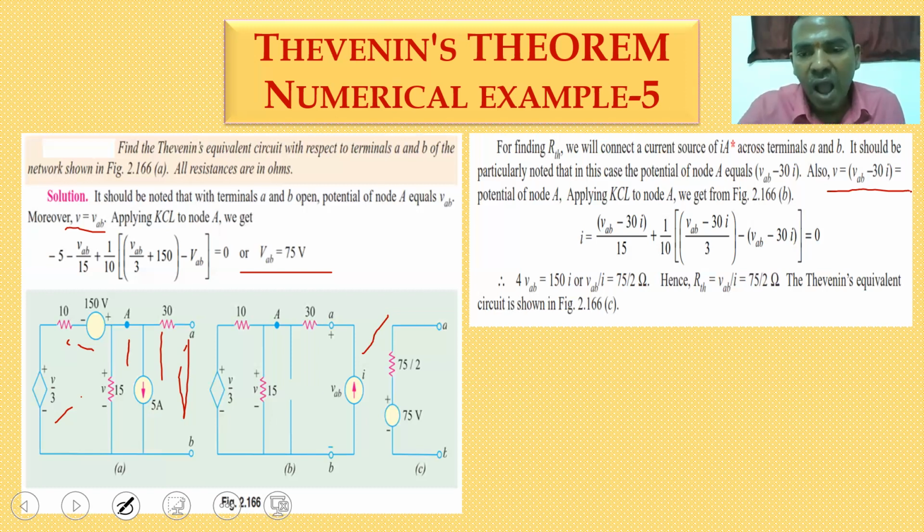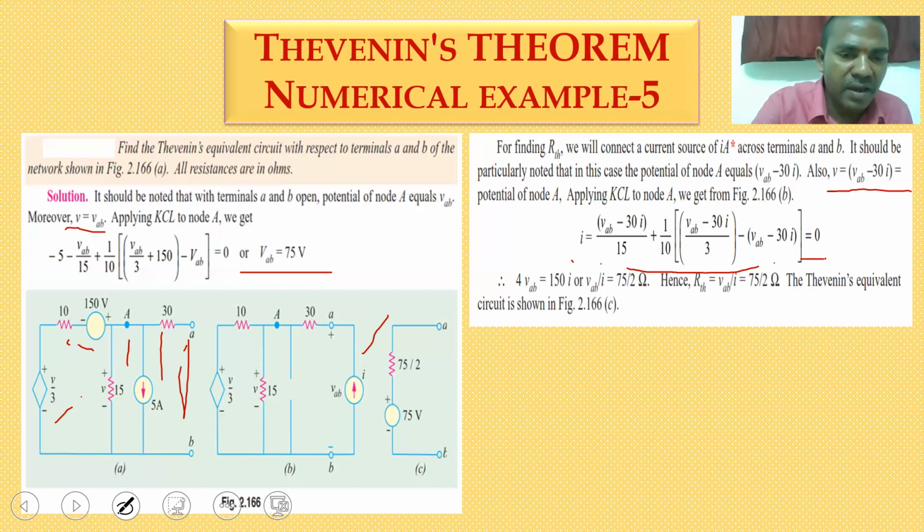So now I is equal to, you are writing (VAB minus 30I) divided by 15. So I is equal to (VAB minus 30I) divided by 15, plus 1 by 10 of [(VAB minus 30I) divided by 3 minus (VAB minus 30I)].